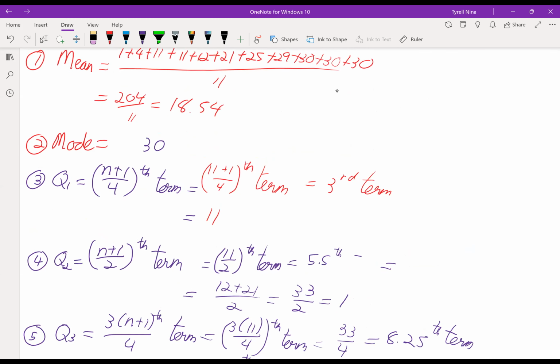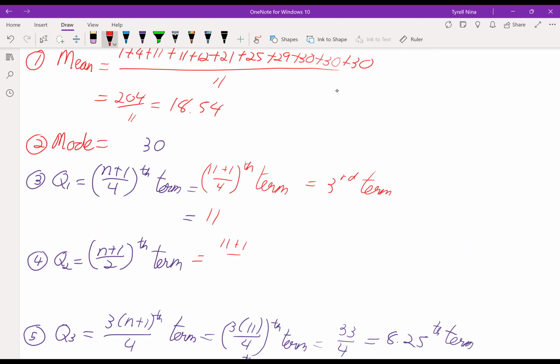Note the process, where you have to add, divide by 2, and so on. Q2 is the 11 plus 1 over 2 term, the sixth term, which is 21.